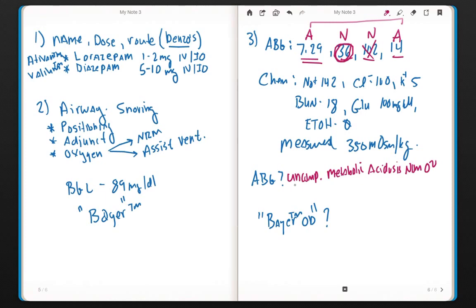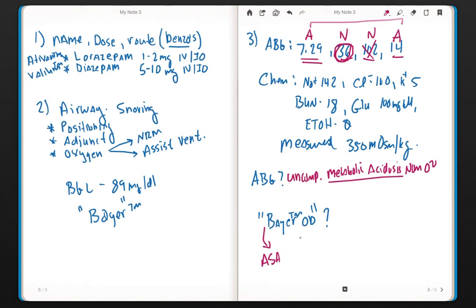All right. So far, we're looking good, and so far we have a pretty decent case for Bayer overdose because we do, in fact, have a metabolic acidosis. Well, let's just talk about Bayer. Hopefully, you should know that Bayer is a trade name for ASA, or acetylsalicylic acid, which is aspirin.